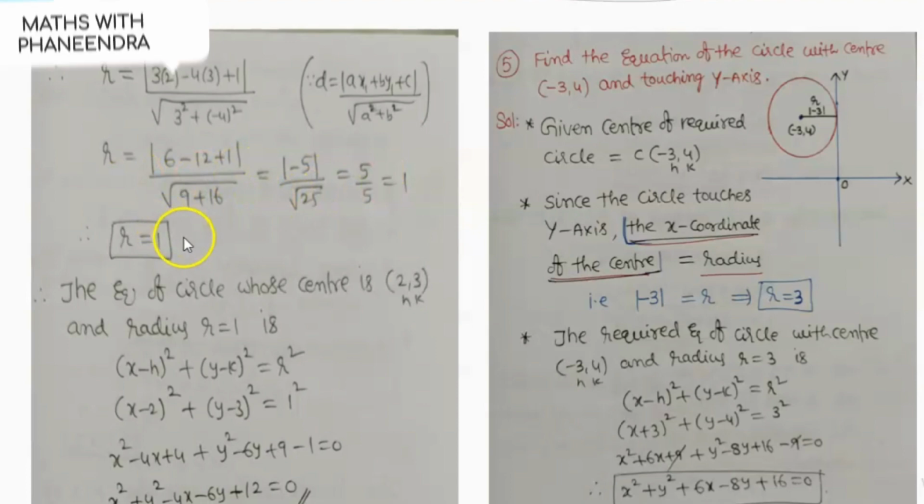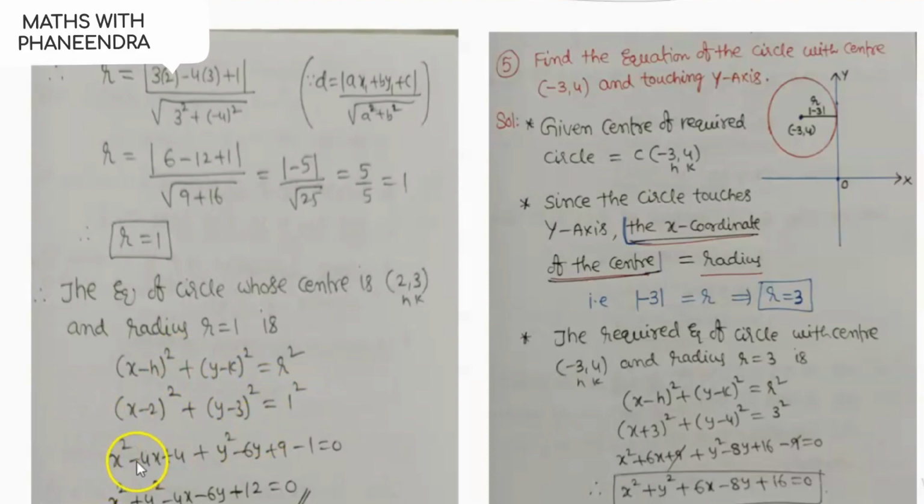Now, in previous classes we learned that the equation of circle with center h comma k and radius r is x minus h whole square plus y minus k whole square equal to r square. We have the values of h comma k as (2, 3) and radius 1 unit. Substitute the respective values and get the equation of circle. See like this: x minus 2 whole square plus y minus 3 whole square equal to 1 square.